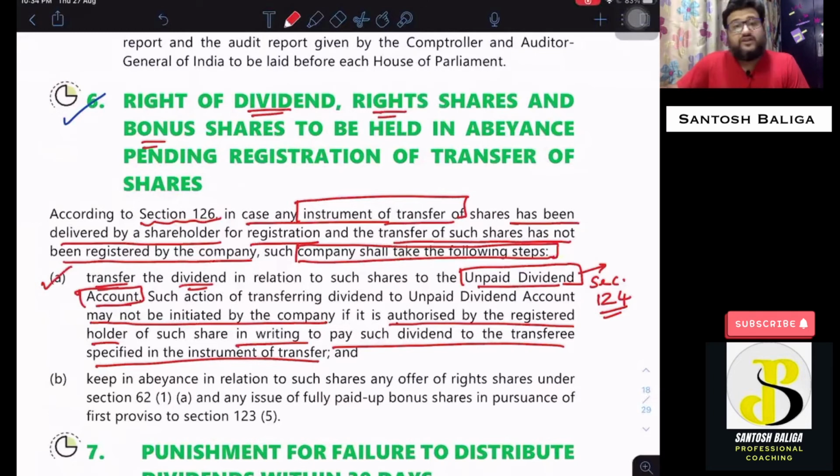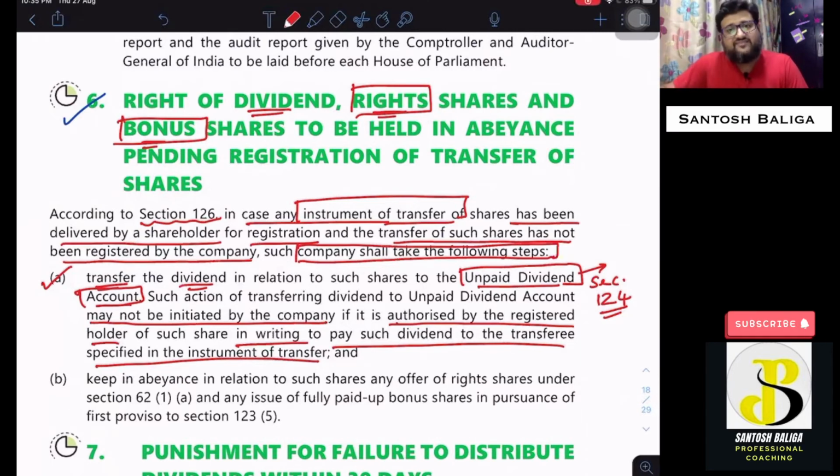Now, the treatment in case of rights issue of shares or in case of bonus shares. Rights or bonus shares are a corporate action, which is a benefit given to the shareholder or the member who is on the register of members on the record date.